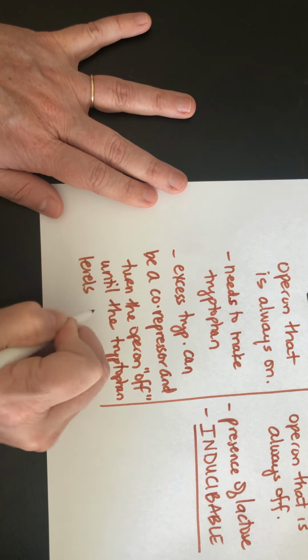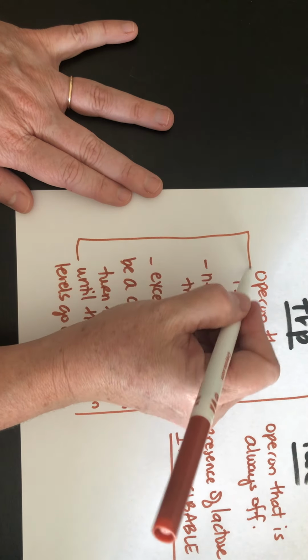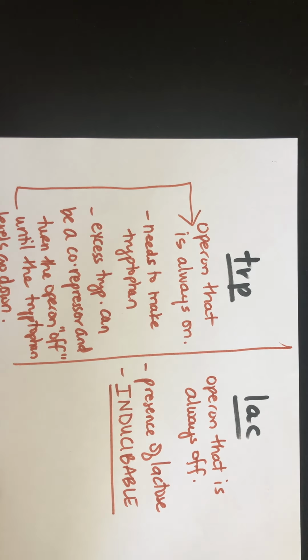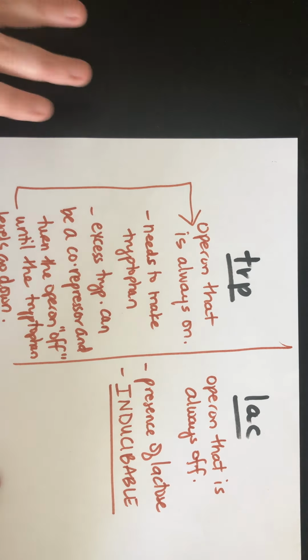Okay, so it's like a negative feedback. It can come back up here and turn itself off and slow down the process. The lac operon is only going to turn on when lactose is present because there's no need to waste time and energy.